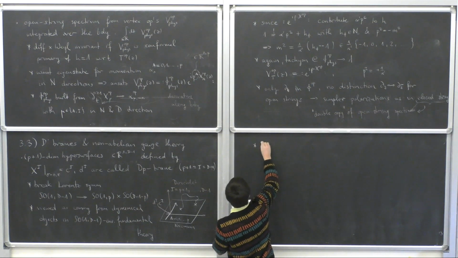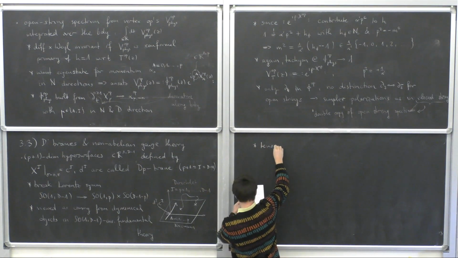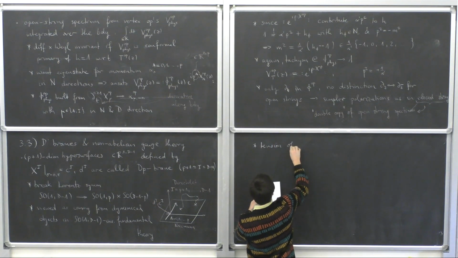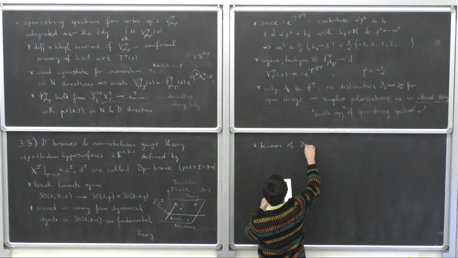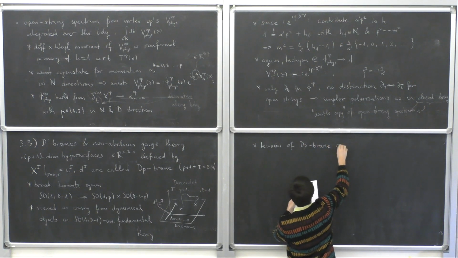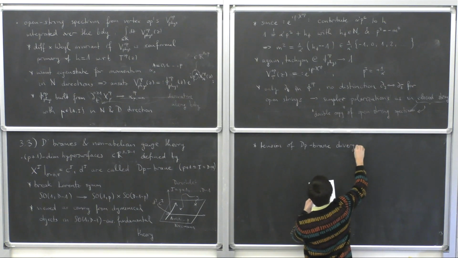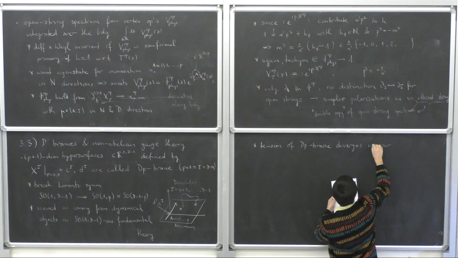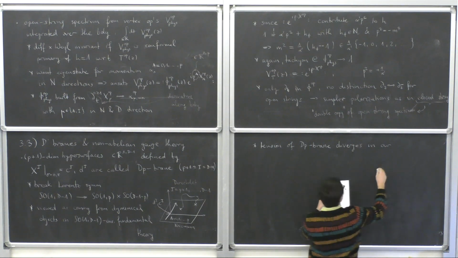Yeah, so let me try to summarize briefly what I was saying in words: there is a tension to all of these D-branes, which depends on the string coupling, and in particular, that tension diverges in our perturbative angle taken throughout the lecture.